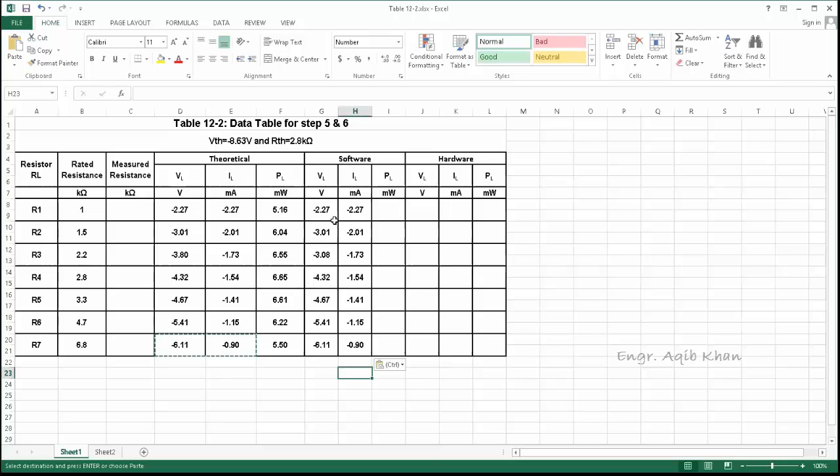After finding the value of VL and IL, we calculate PL, which is equal to VL into IL.